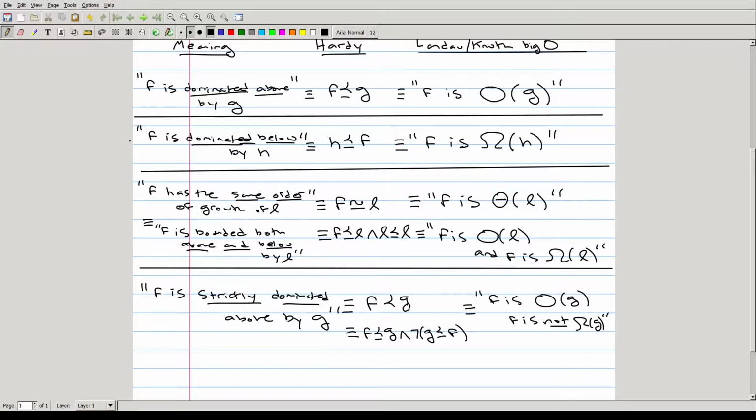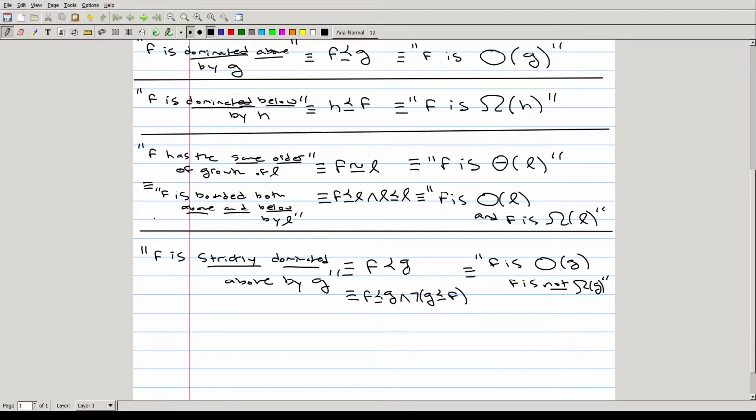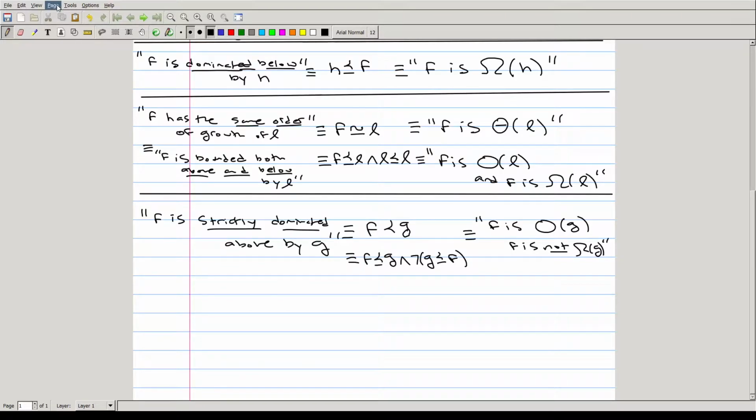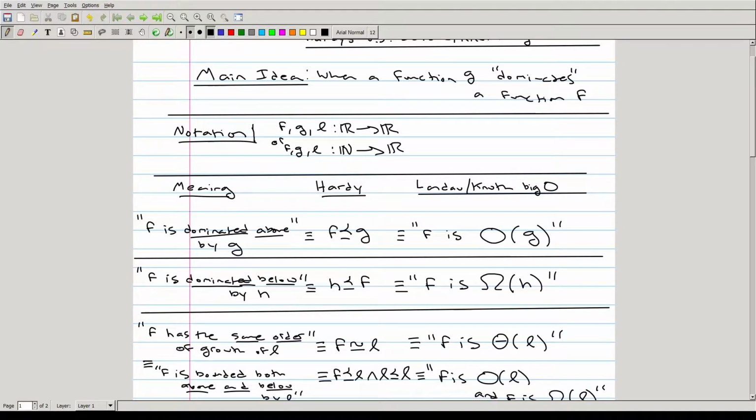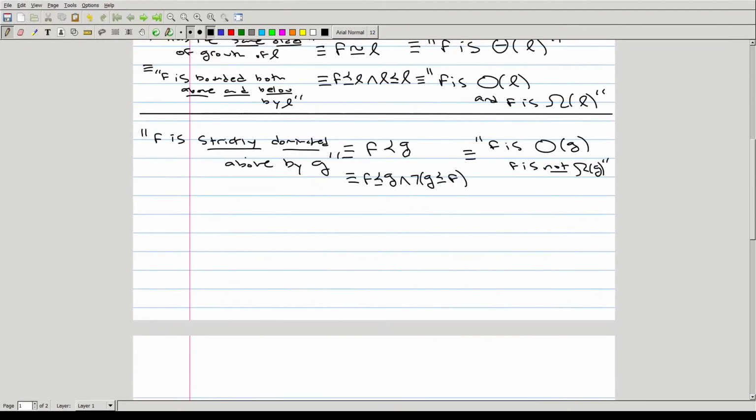So these notations are, we'll see, very useful and have a very intuitive definition using ordering on the real numbers, because we know that these functions are going into the real numbers in either case.